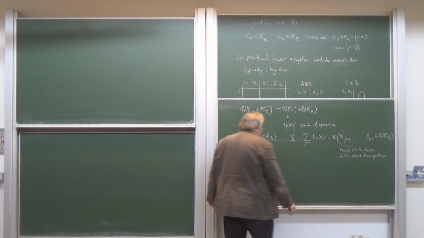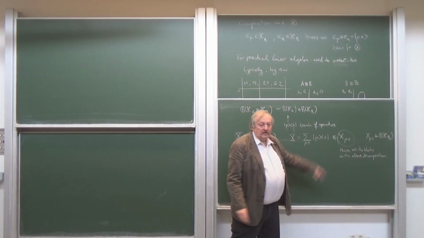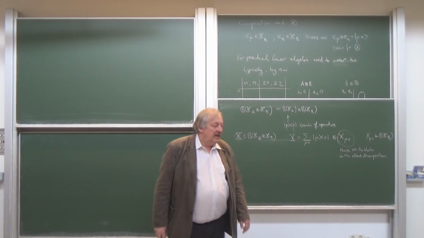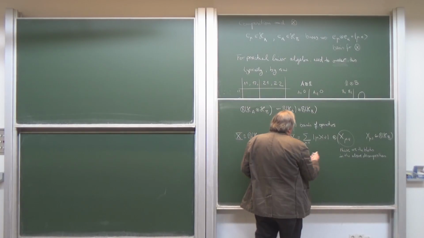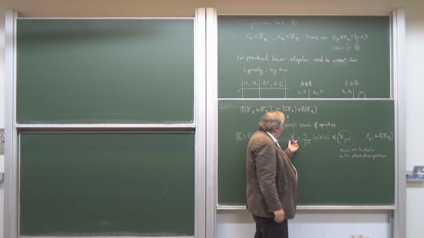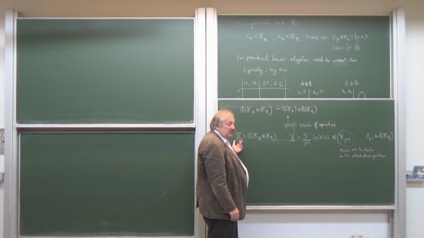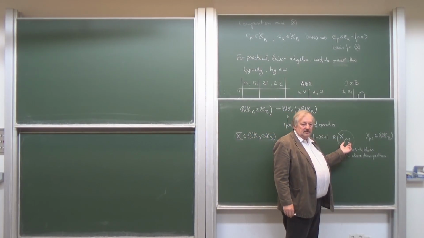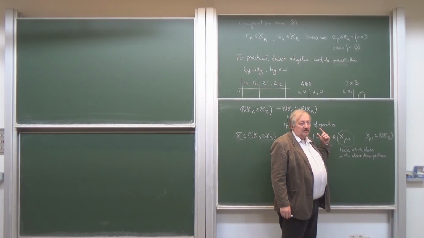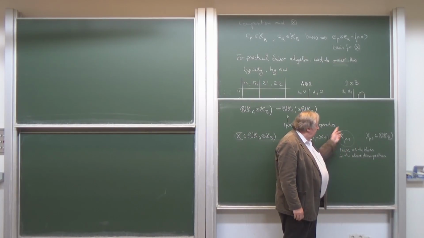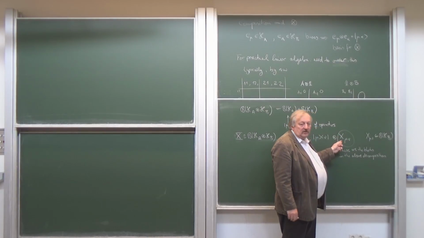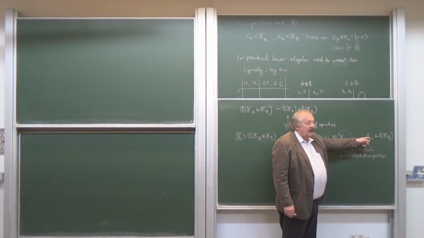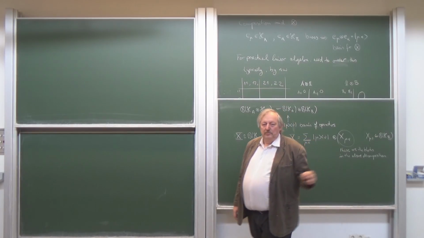And one of the simple things here is that I can think of an operator on the tensor product space as a matrix where the indices of the matrix are the basis indices of the first factor, and the entries of the matrix are elements of the second observable algebra.